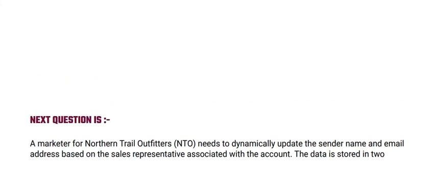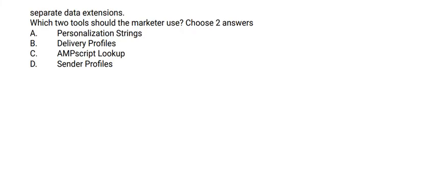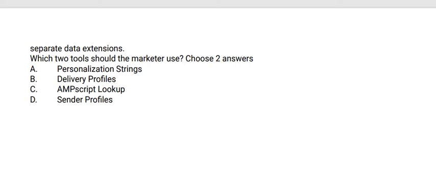Next question is, a marketer for Northern Trail Outfitters NTO needs to dynamically update the sender name and email address based on the sales representative associated with the account. The data is stored in two separate data extensions. Which two tools should the marketer use?